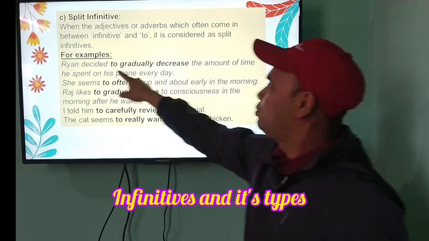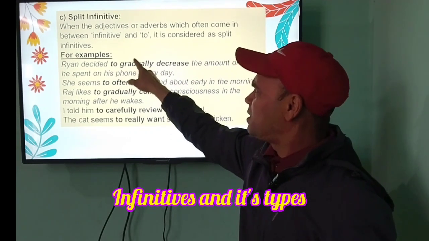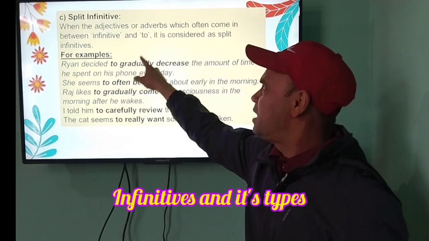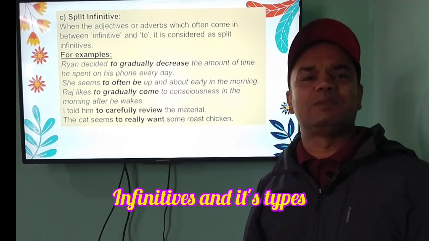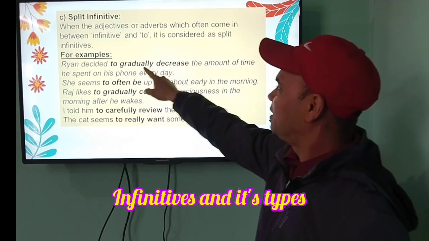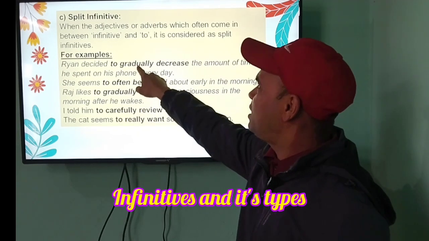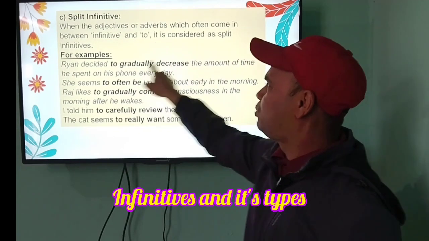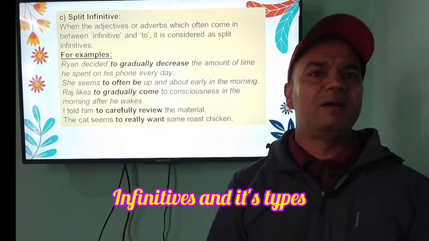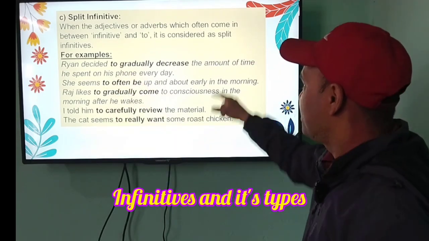If something, some adjective or adverb, comes in between, that is called a split infinitive. You can see this gradually is an adverb that comes between the infinitive and to. That's why it's called a split infinitive.